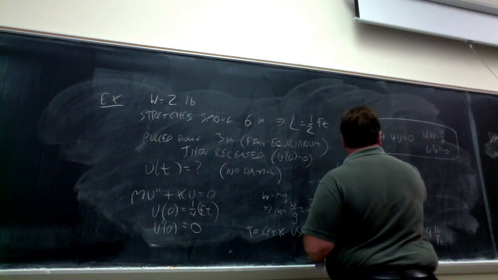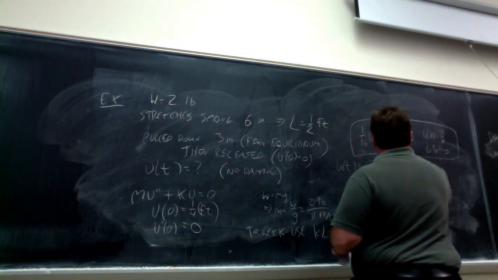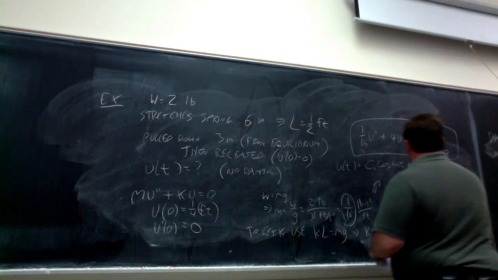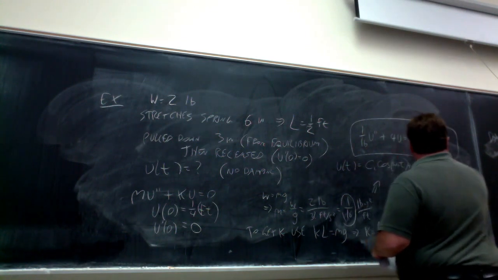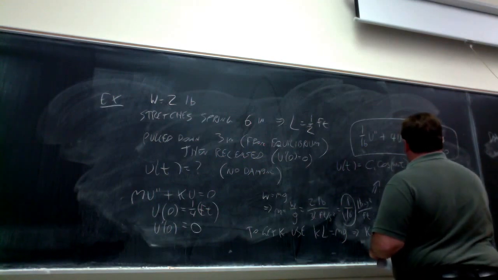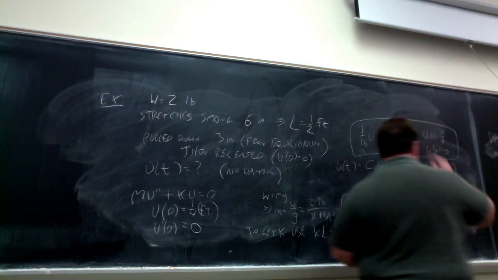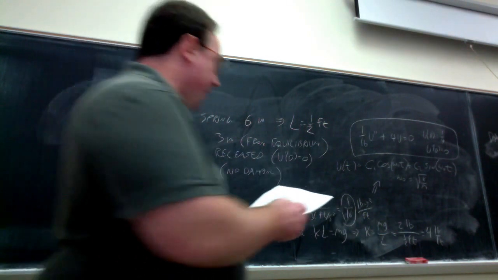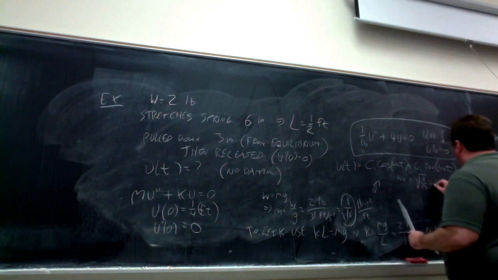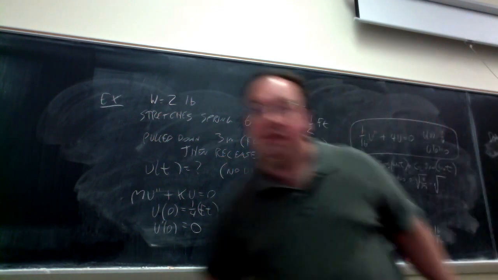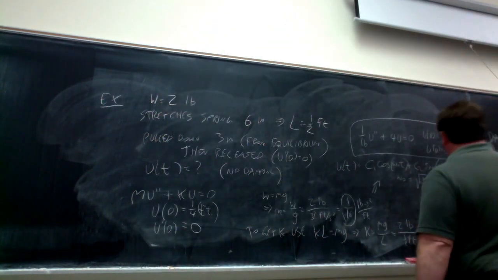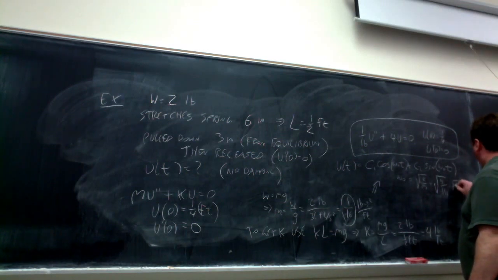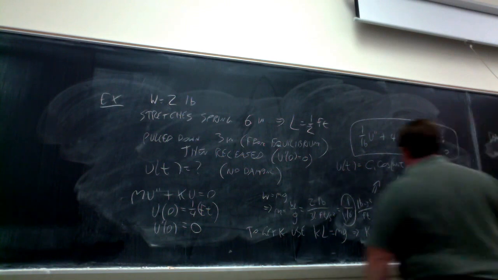The form of the general solution is C1 cosine omega naught t plus C2 sine omega naught t. But omega naught is the square root of k over m. And we can just fill in those values. I have 2 minutes. So we have 4 over 1/16, the square root of 64, which is 8.